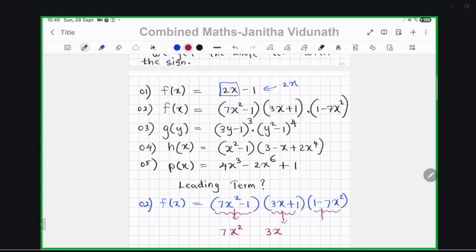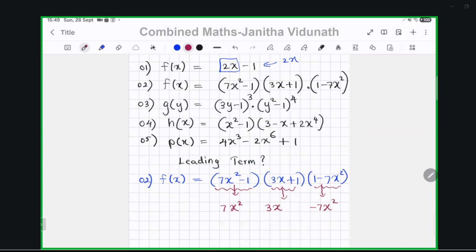And in the last bracket, it is minus 7 whole x whole square. Then the leading term, or the highest power term, is obtained by multiplying all 3 terms. Then simply we need to multiply those 3 terms.